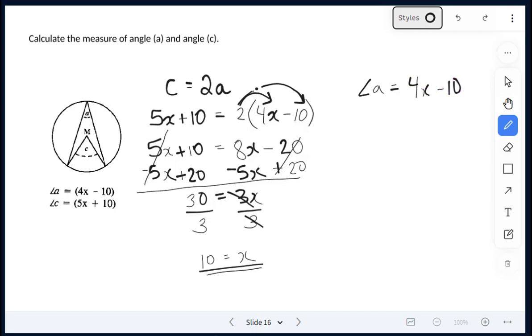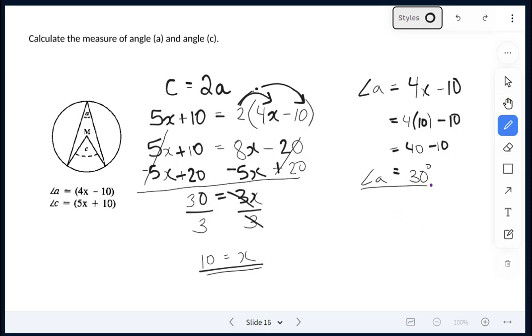And now we know what x is, we just solved for it. It's 10, so make sure you use your brackets when you substitute. 4 times 10 is 40, minus 10. So it's just 40 minus 10, which gives us 30 degrees. Okay, so that is angle A.